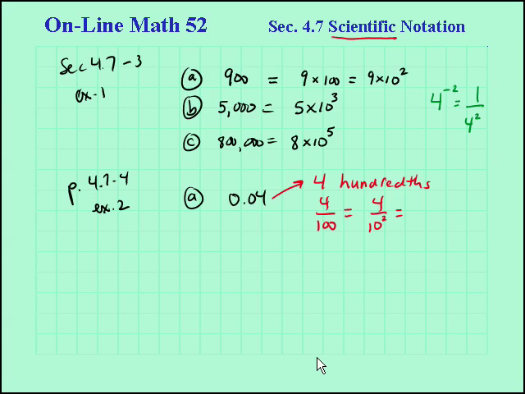Well, if we started with 1 over 4 squared, I could rewrite it as 4, the base, to the negative power. The same thing down here. This 10 squared could be written up above, multiplied times the 4, as 10 to the negative 2.